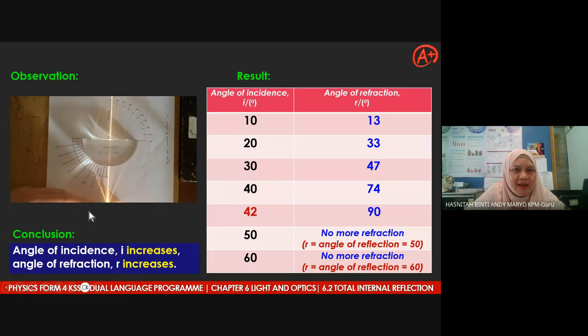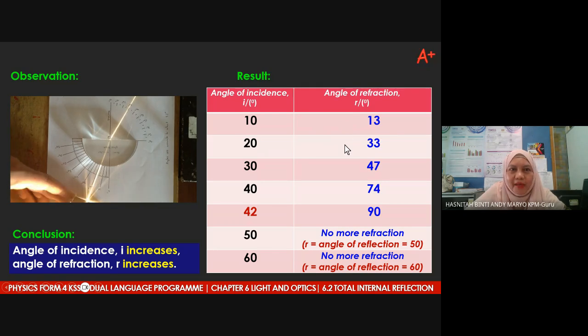We begin with i of 10 degrees. So when i is 10, we determine the angle of refraction is 13. Then when we increase to 20 degrees angle of incidence, the angle of refraction will be 33 degrees.